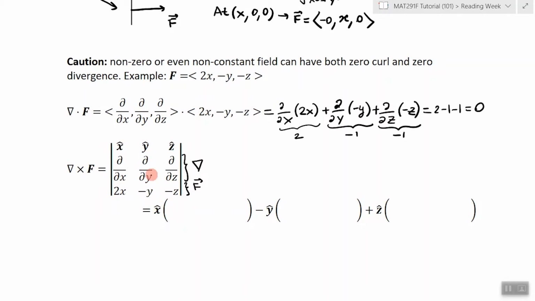So we get x hat and then partial y of -z minus partial z of -y.